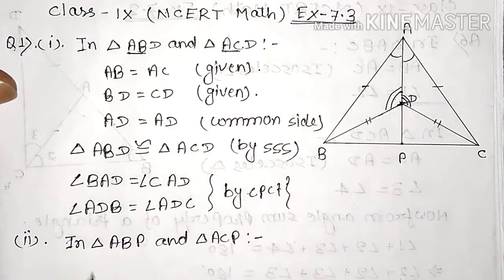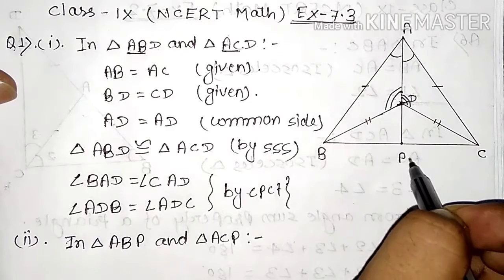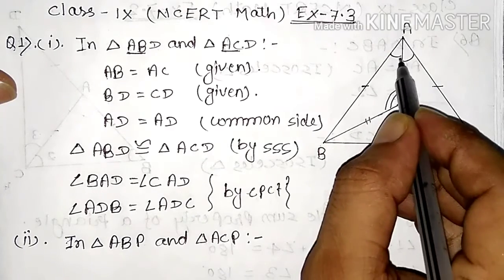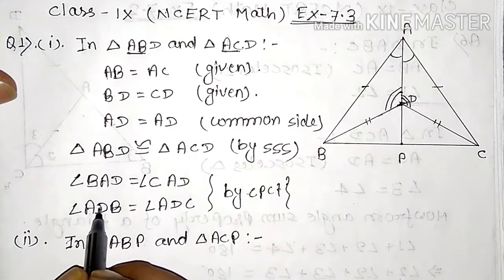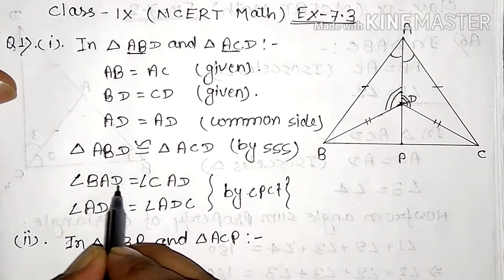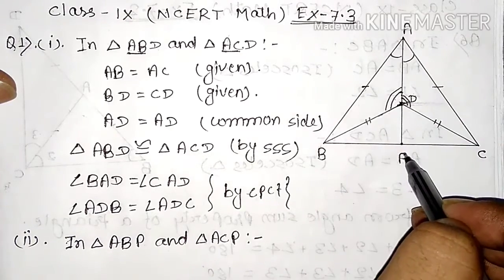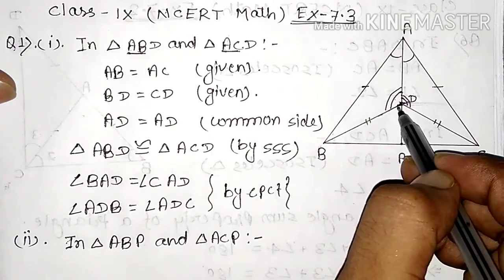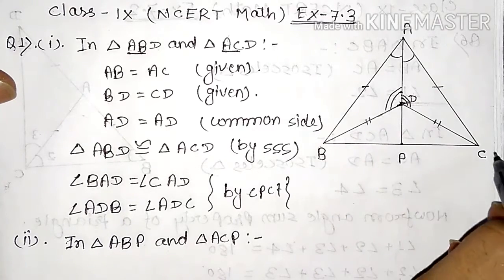In this triangle AB is equal to AC, AP is common in both the triangles, and this angle is equal to this angle. We have proved here angle BAD is equal to angle CAD, and we can write it as BAP also.